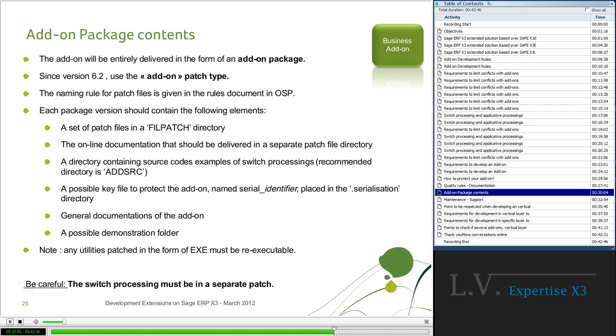Be aware that if you deliver a demonstration folder, it must be possible for the customer to import it and it should be compatible with the standard patch list level of the add-on. Otherwise, the customer will have to revalidate the demonstration folder.